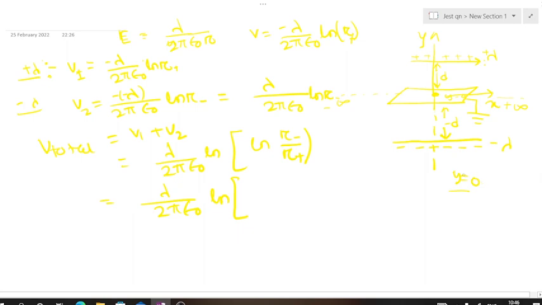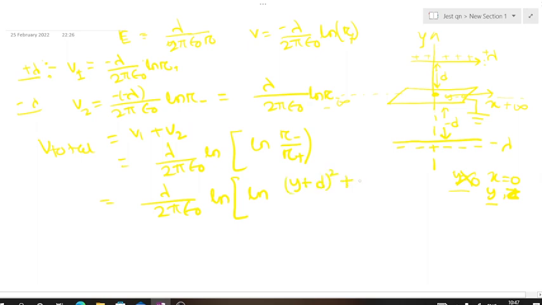Sorry, along x, so keep x 0, so there will be change in y and z, but along y is the line charge. So r minus, that means y minus d, and r plus is y plus d, that is the position vector.